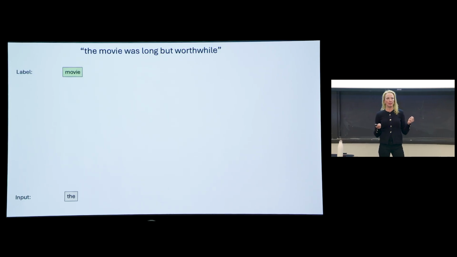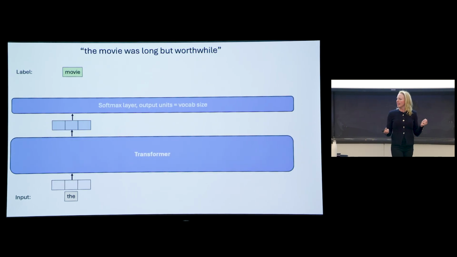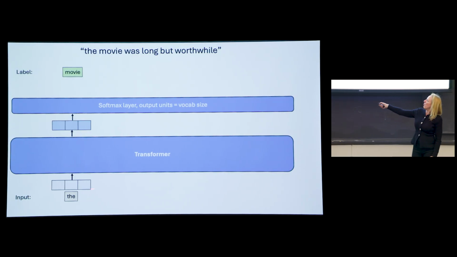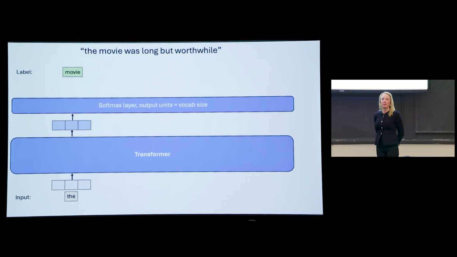In this case, movie. Then I'm going to take this word the and come up with a way of representing it as a series of numbers. This is really something I'm going to train the model to do.